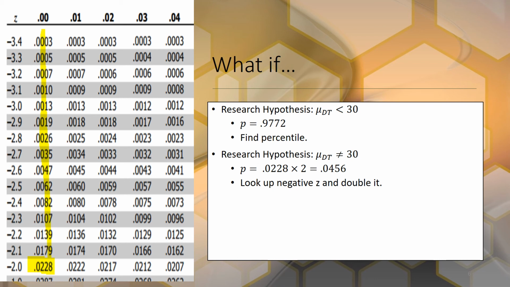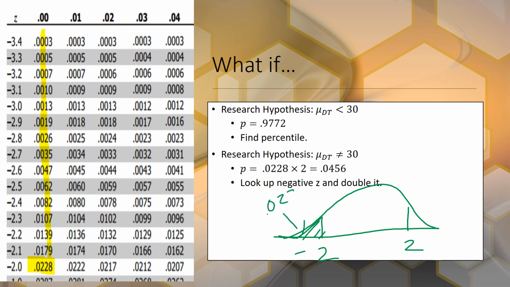Because for this one, we have a -2 here and a +2 here. And so this area is 0.0228 from our table. But because it is symmetric around 0, because these are z's, this area will also equal 0.0228.